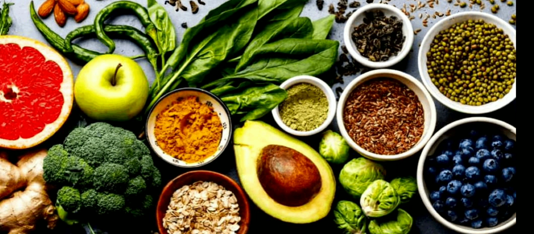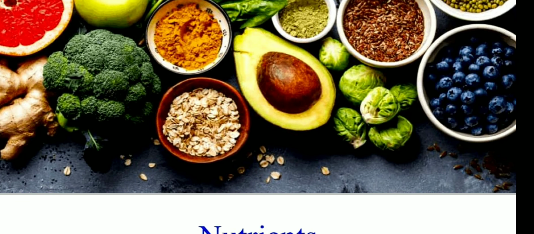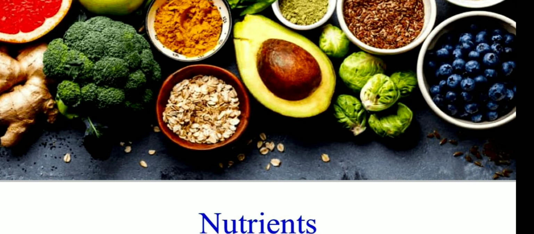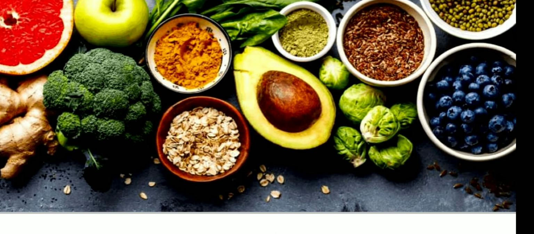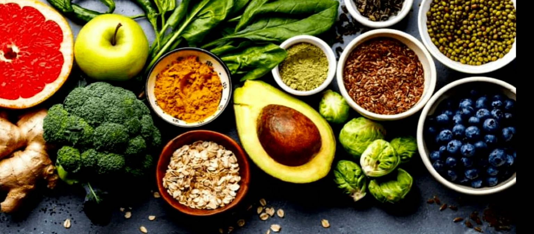Because if nutrition is not provided, the organism will not be able to do their daily course. Okay, so that is the nutrition, and it is defined as the process of intake of nutrients and its utilization by an organism in various biological activities. Okay, that is the nutrition.